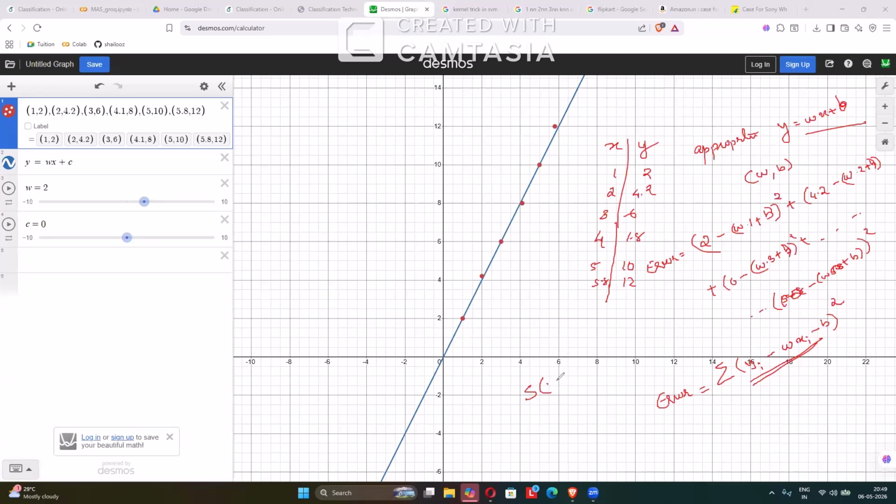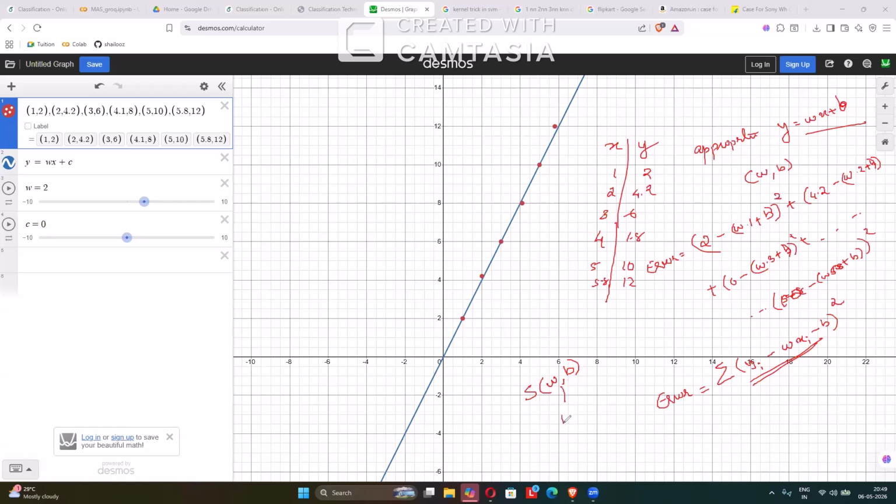So this error function depends on W and B. Is it clear? And what are the choices for W and B?